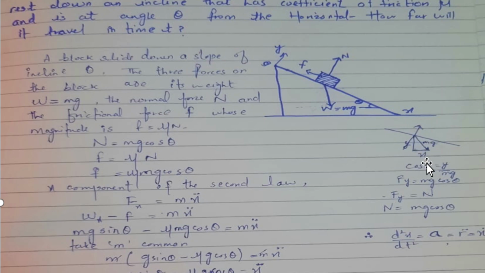Like previously, where I found mg cos theta, you can also find the value of wx, which equals mg sine theta, and the frictional force equals this. We can put it there, and that equals m times the second derivative of x.